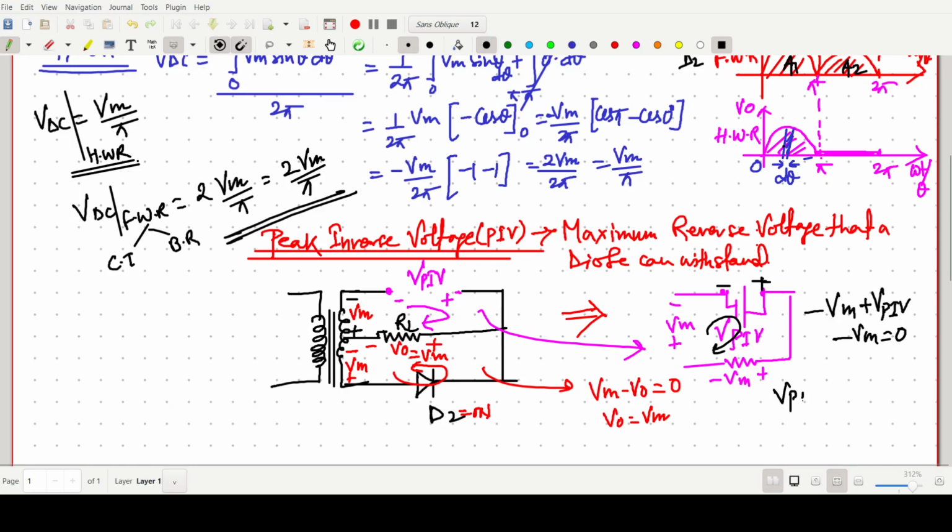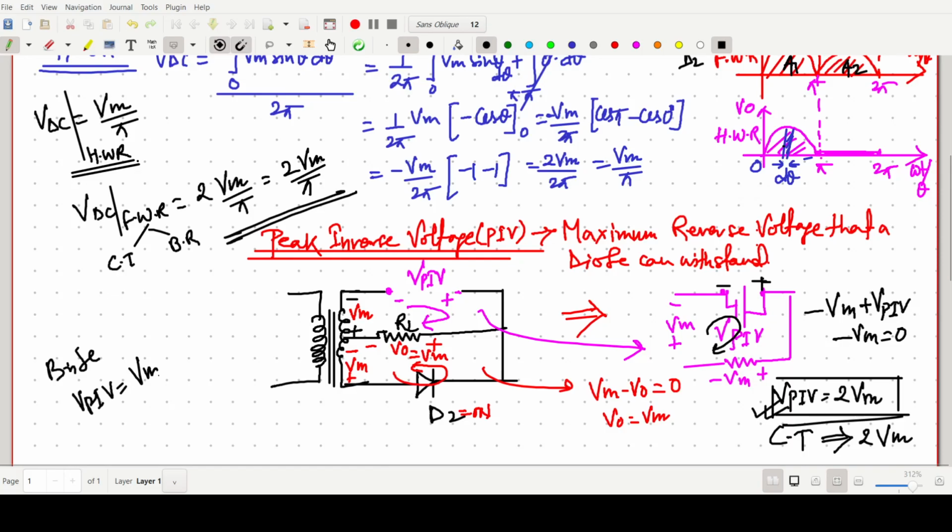So VPIV equals twice Vm. So the peak inverse voltage will be twice Vm in case of center tap. In case of bridge, the VPIV value will be Vm.